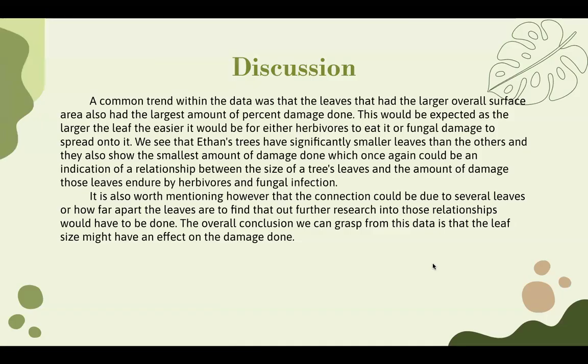Yeah, and I think another interesting observation we made is that when assessing our locations, most were on campus or near campus in more of an urban setting. So we didn't see a whole bunch of deterioration, whether it was fungal or insect based. There wasn't much wildlife affecting the plants.